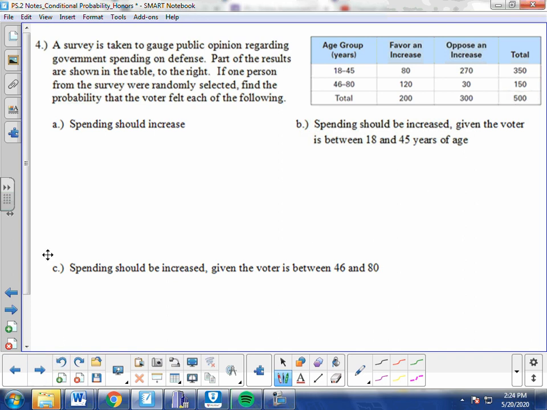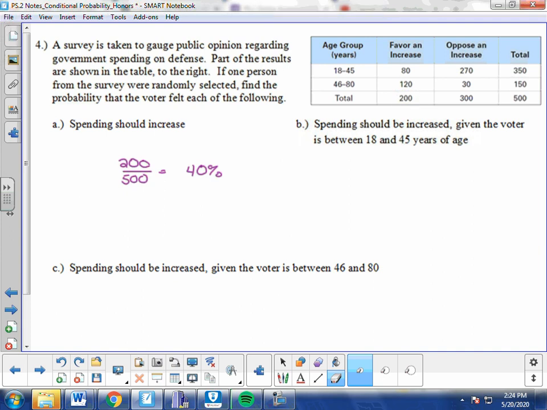So the probability that spending should increase, the total sample space was 500. 200 of those supported the increase. So 200 out of 500, which would be 0.4 or 40%. So problem A is just a basic probability.